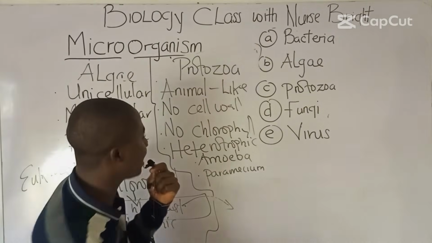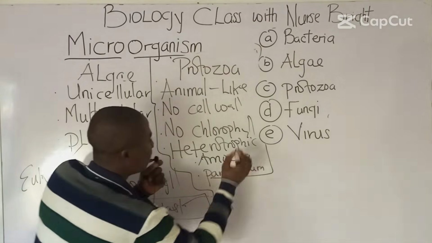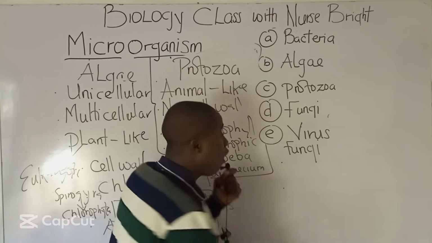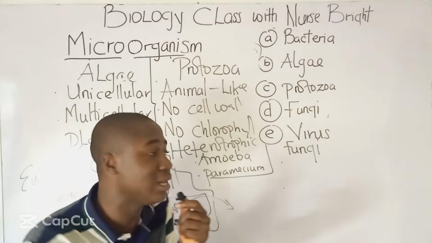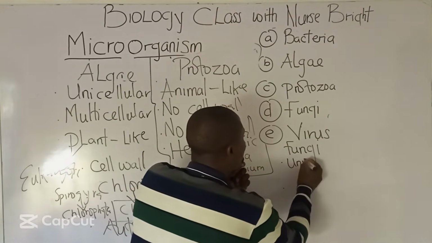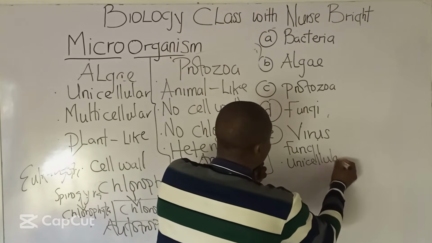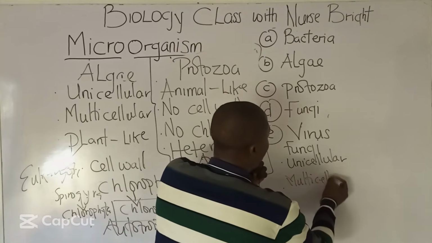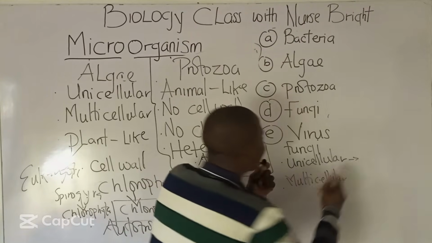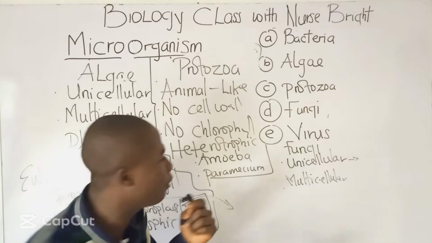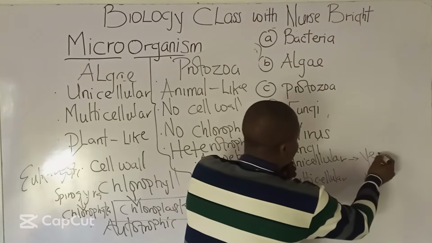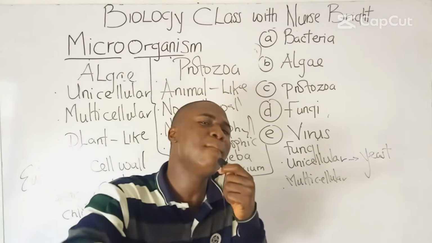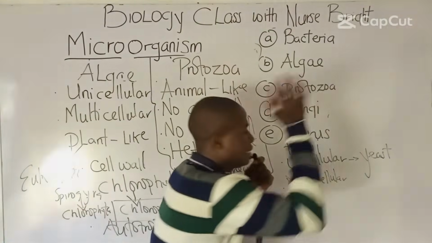Now, moving over to the next, which is called fungi. It must be noted that fungi can be unicellular, and they can also be multicellular. An example of a unicellular fungus is yeast, whereas most other fungi are multicellular.